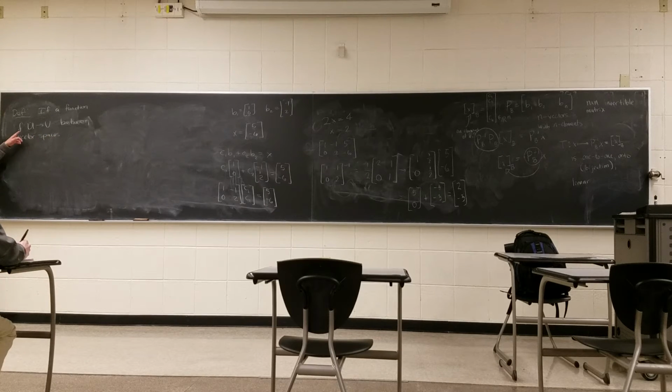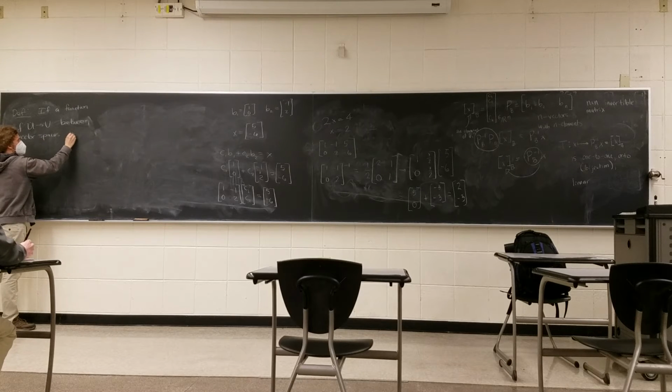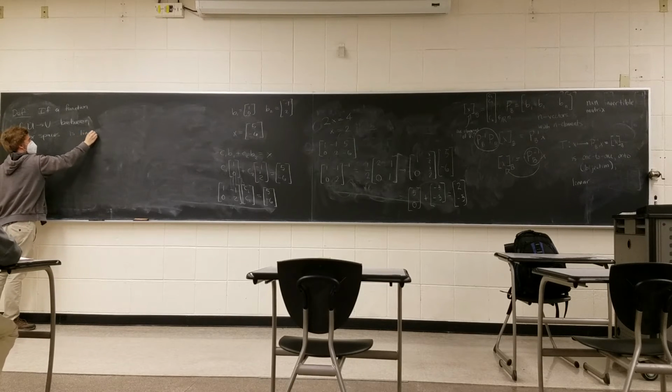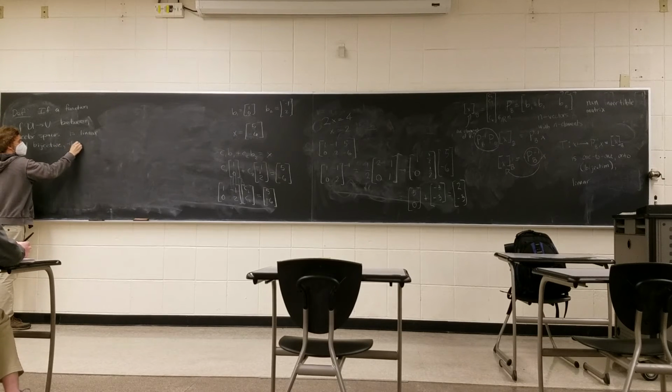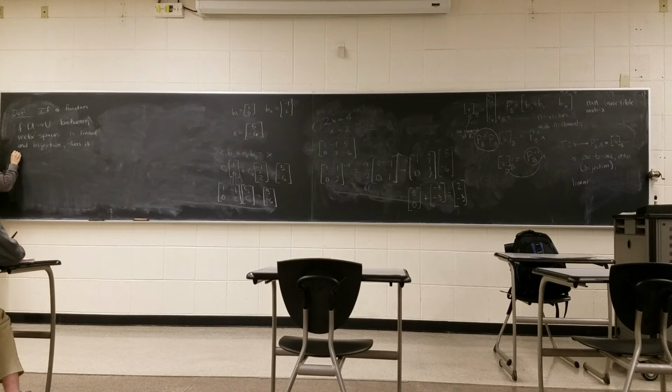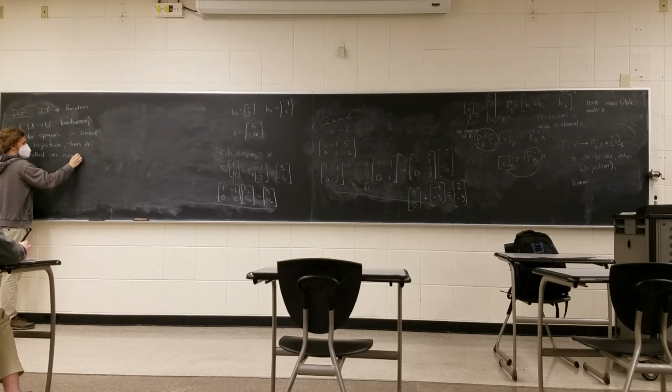So this is a function that maps one vector space to another, is linear, and bijective, or one-to-one and onto. More writing, so I'm going to write that one. Linear bijective. And it is called an isomorphism.